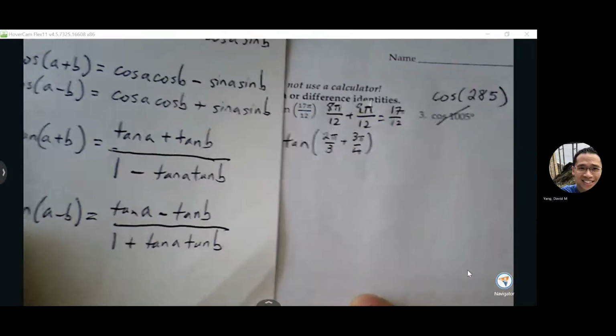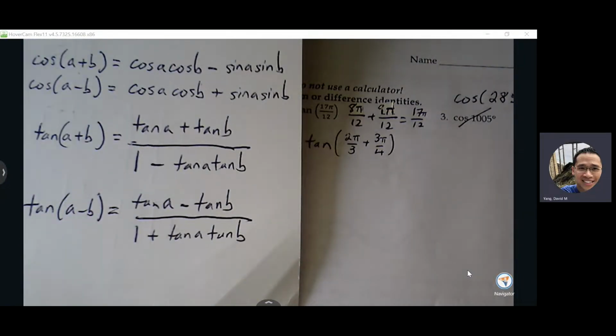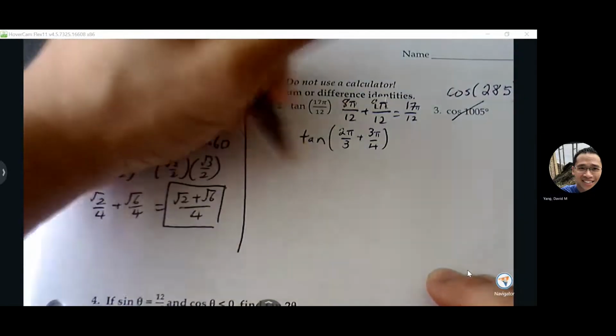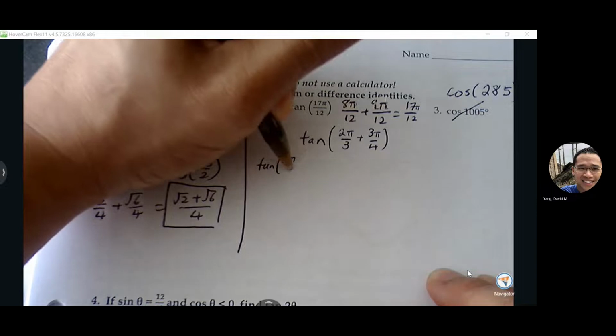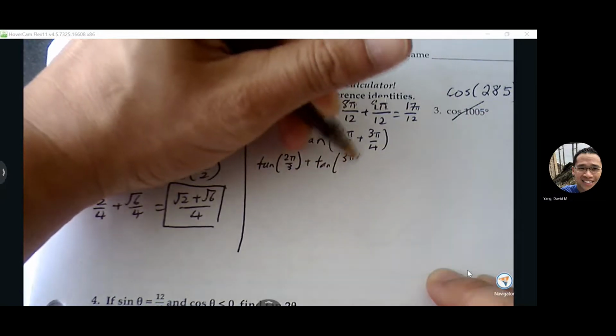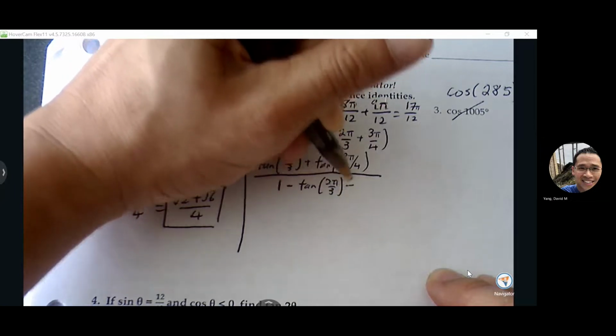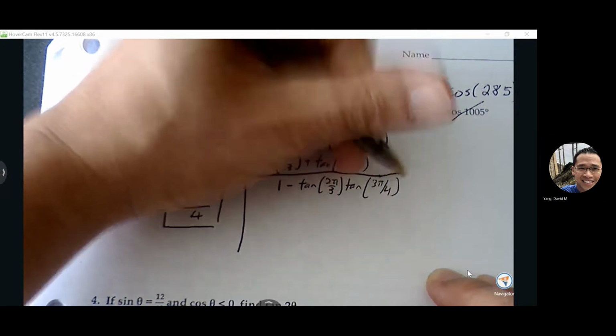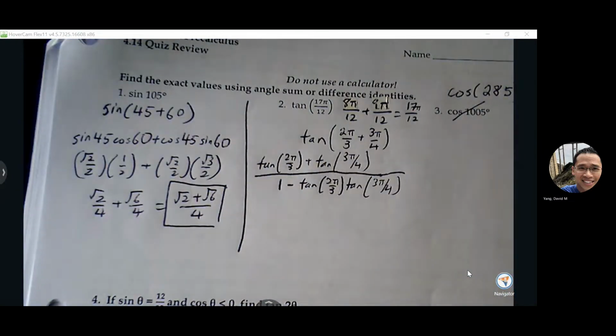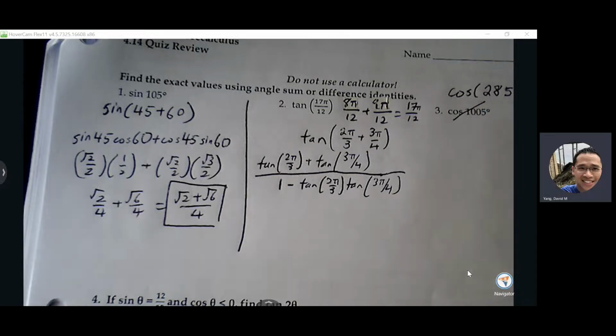So tangent of A plus B is tangent A plus tangent B all over 1 minus tangent A tangent B. Okay, what's tangent of 2 pi over 3?